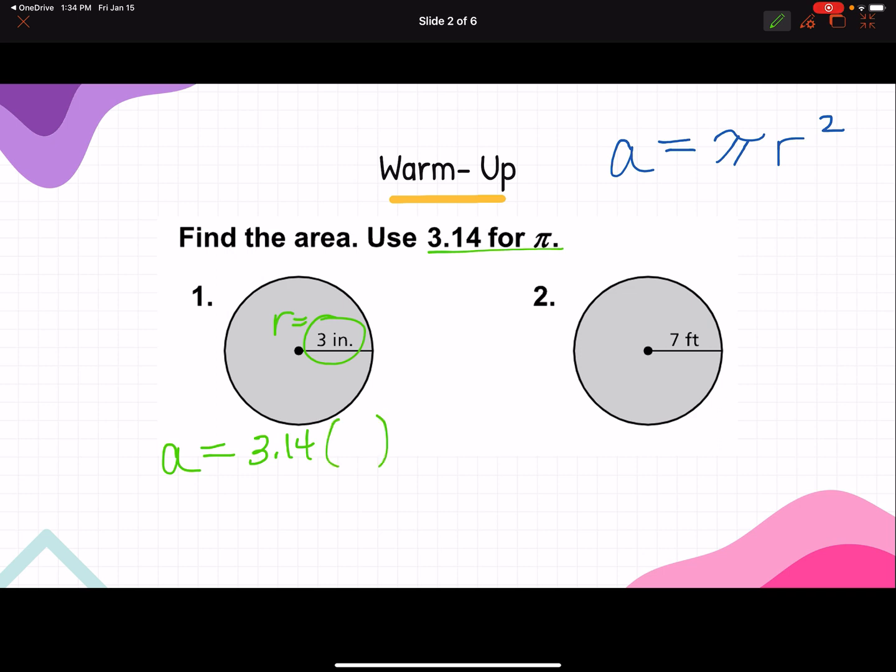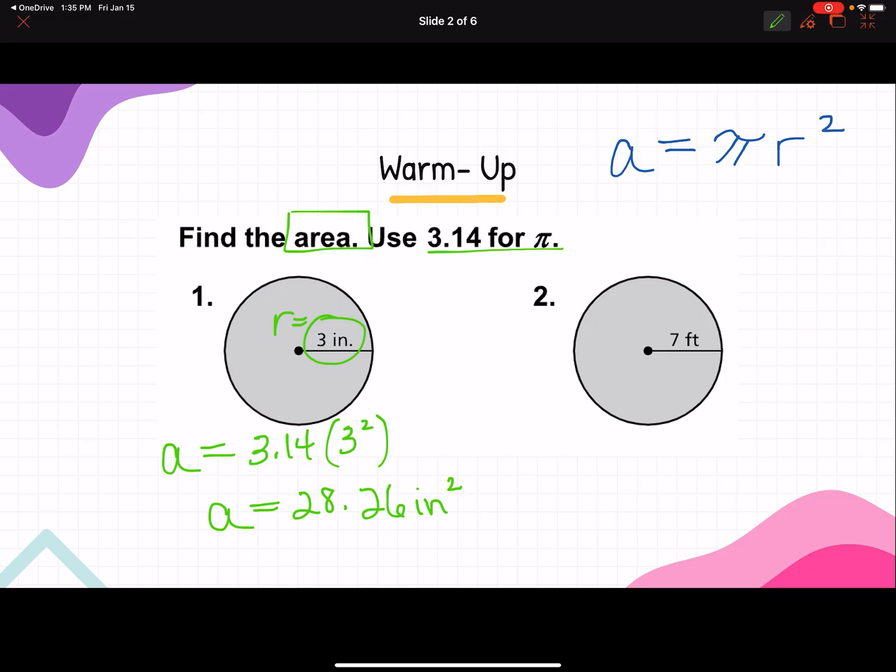I'm going to put that inside parentheses when I square it into my calculator. That gives me a total area of 28.26 inches squared. Remember, area is square units.